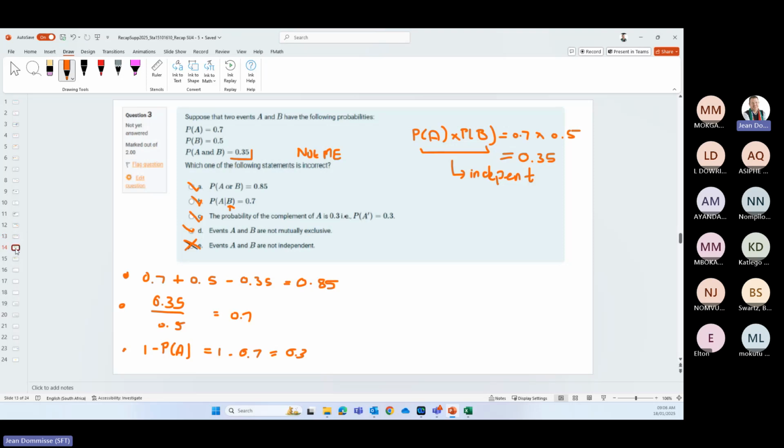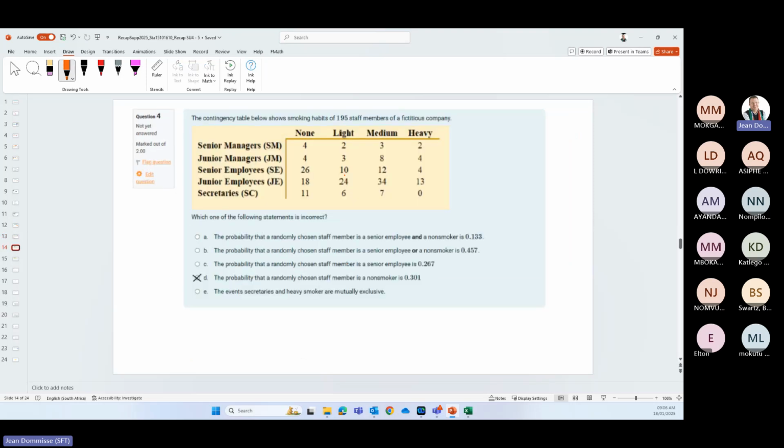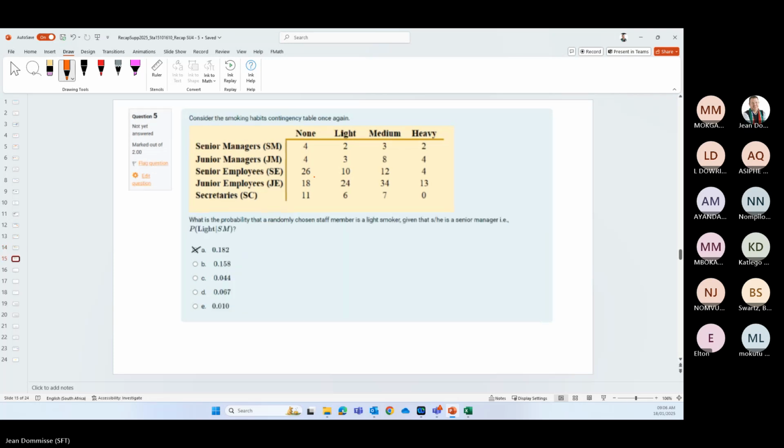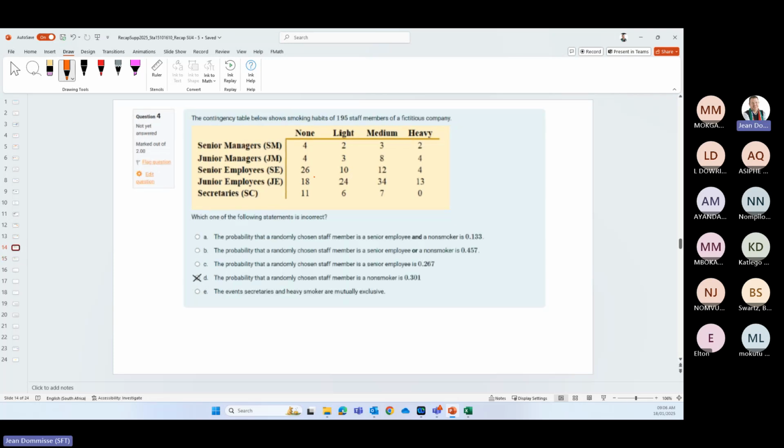What they can also do is give you a table, and around this table they can ask you certain questions. They tell us the total number is 195.